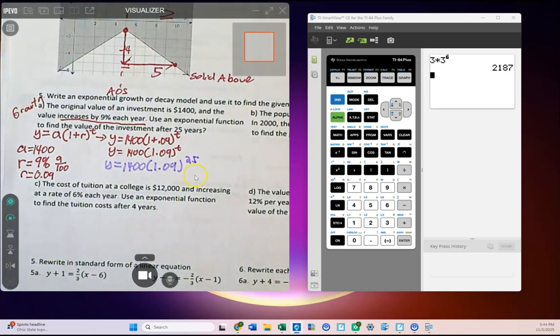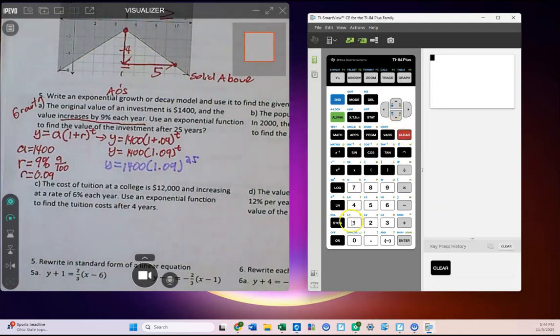So how do I enter that in my calculator? Okay, press 1400. How do you raise something to the power?